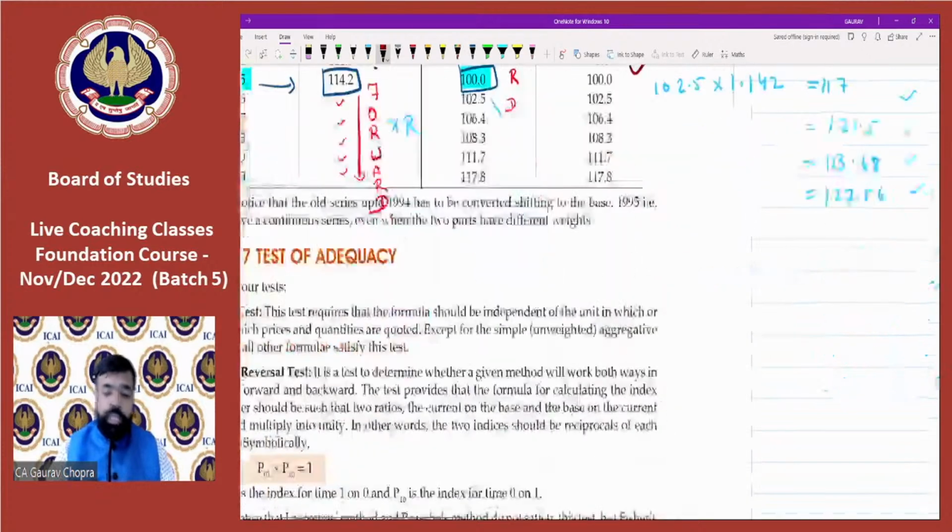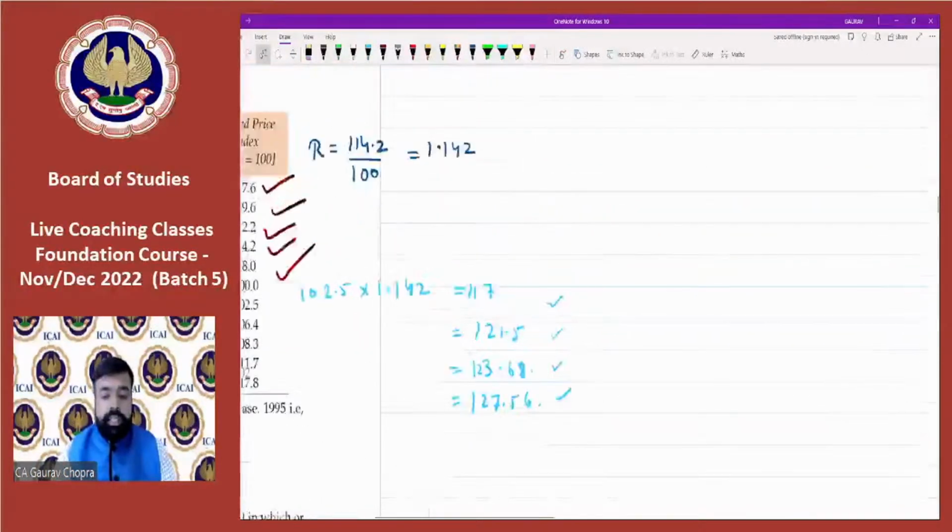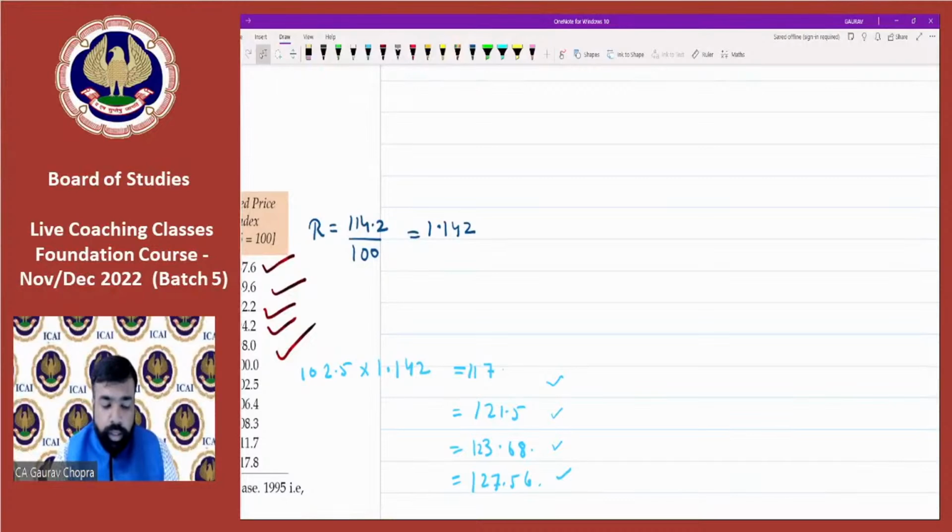So let me take one easy example so that you can easily understand. Let's say years 2009, 10, 11, 12, 13.